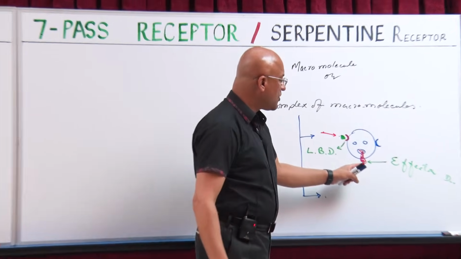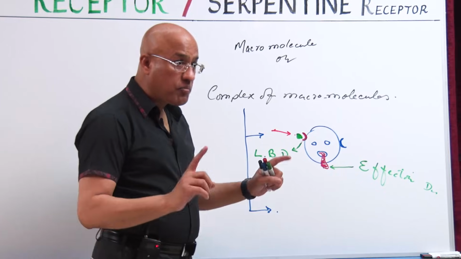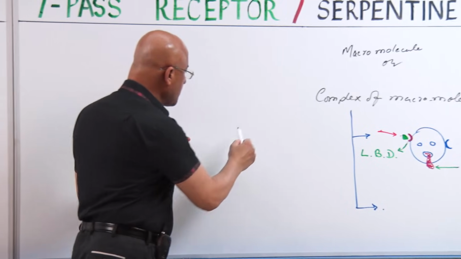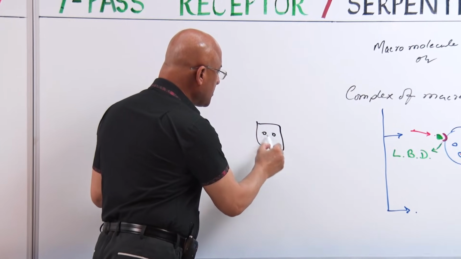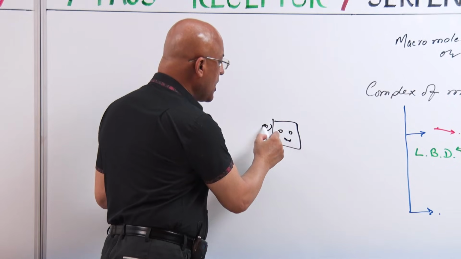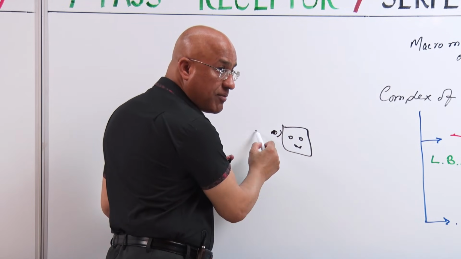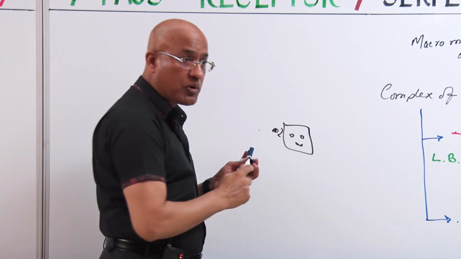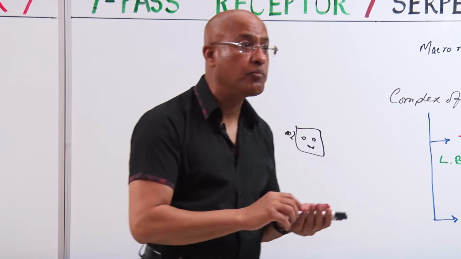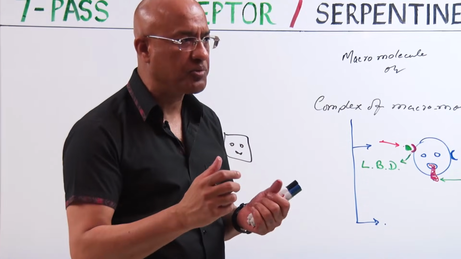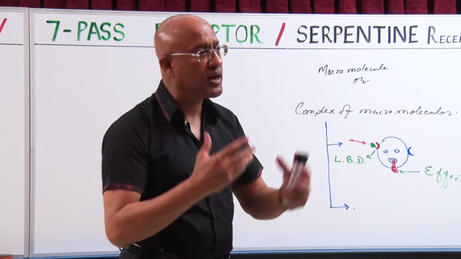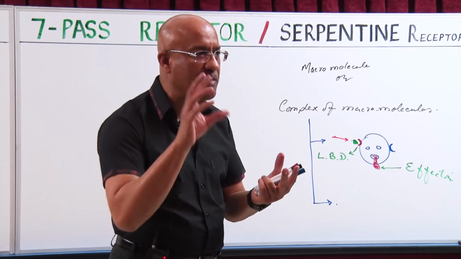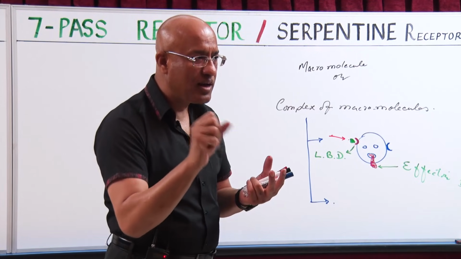He is saying that plasma protein, let's suppose here is the plasma protein, may bind many things, but it does have a binding domain but does not have an effector domain. Once they bind a substance, usually they don't undergo any conformational change, and they don't have any effector domain.